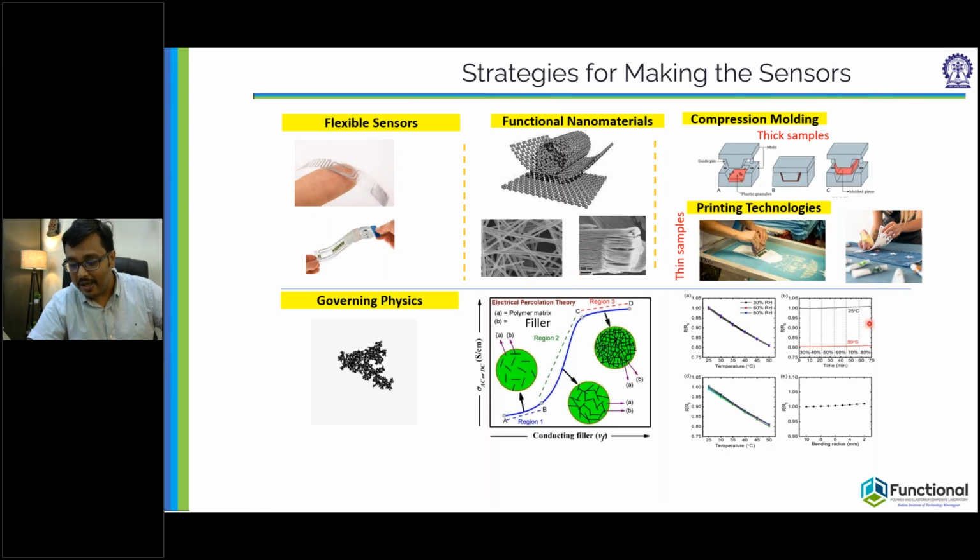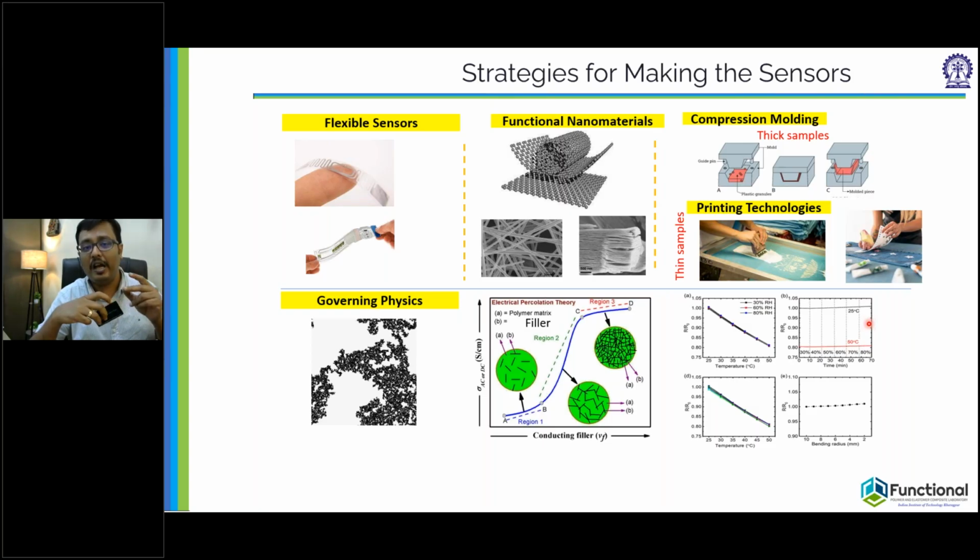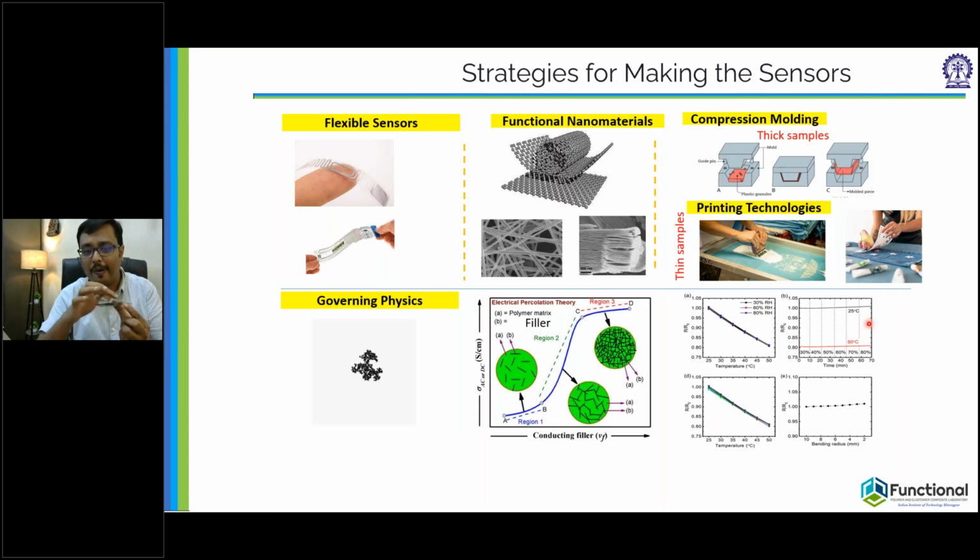In other words, if this is a block of rubber with filler in it, and I source a current from one terminal and measure the current at the other terminal, the electricity will pass through it, or the electrons can pass through this whole matrix.